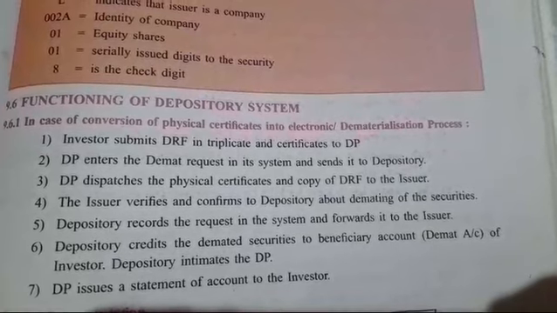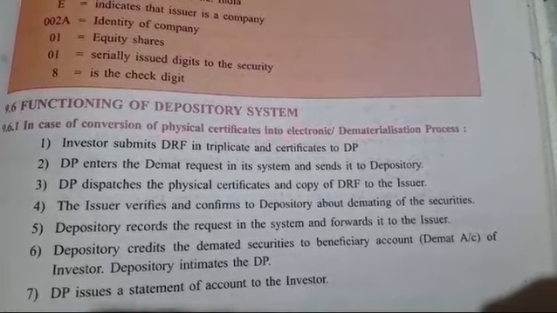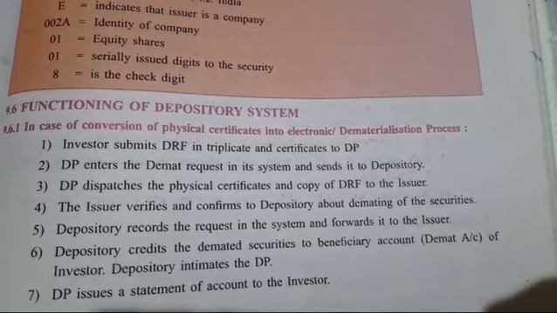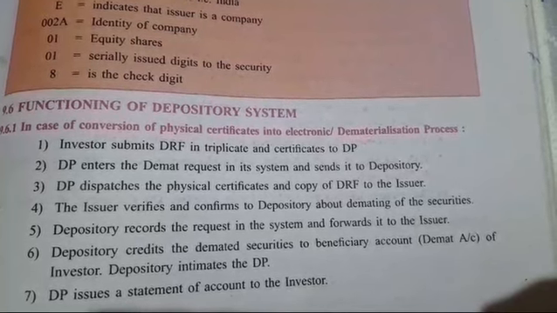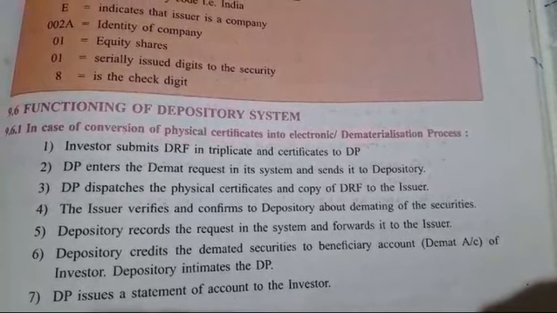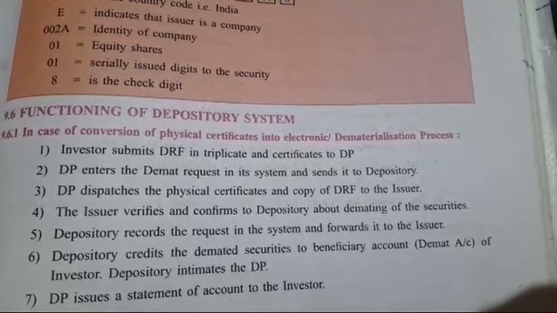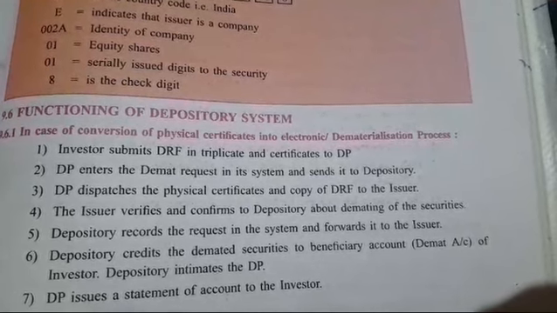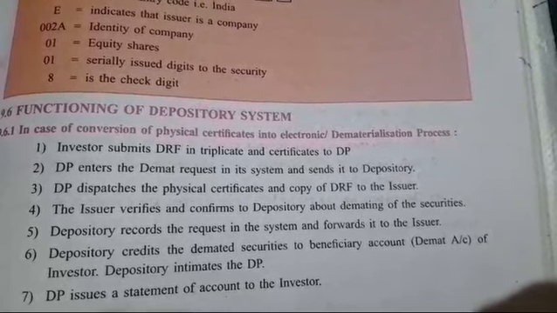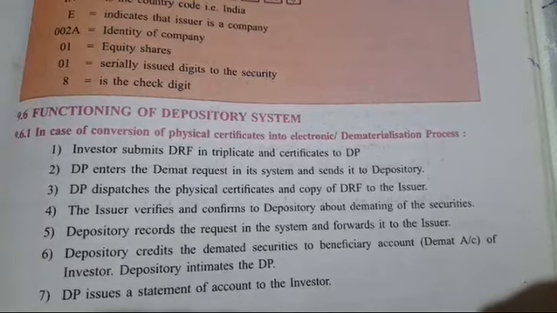Fourth, the issuer verifies and confirms to the depository about dematting of the securities. Fifth, the depository records the request in the system and forwards it to the issuer. Sixth, the depository credits the dematted securities to the beneficiary account, the demat account of the investor. The depository intimates the DP. Seventh, the DP issues a statement of account to the investor.